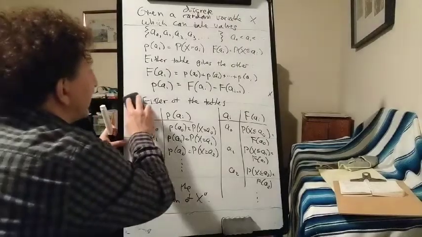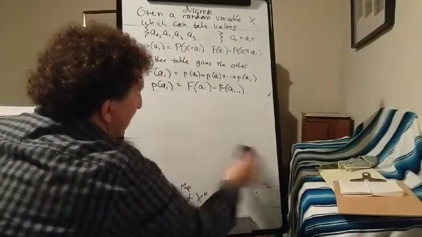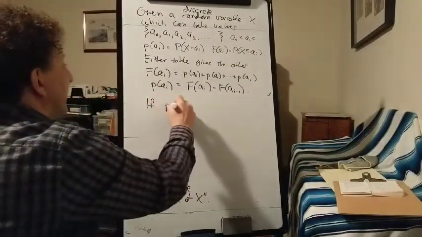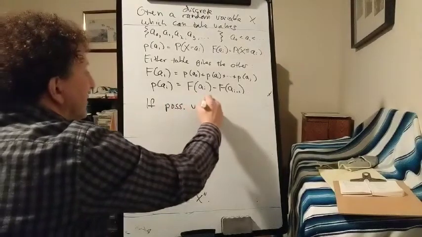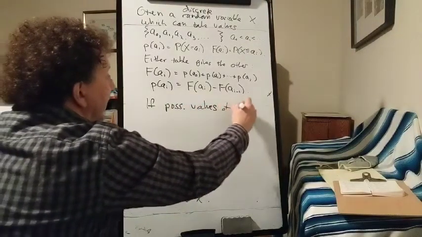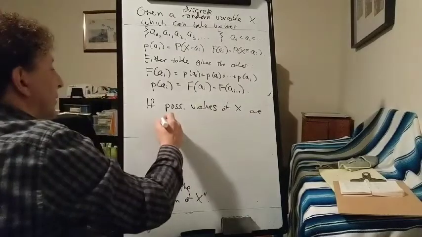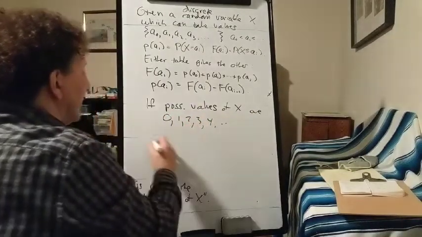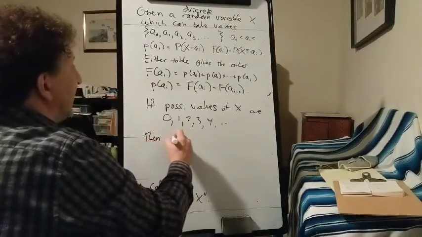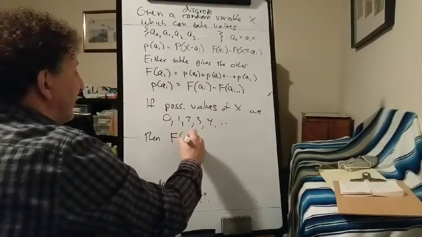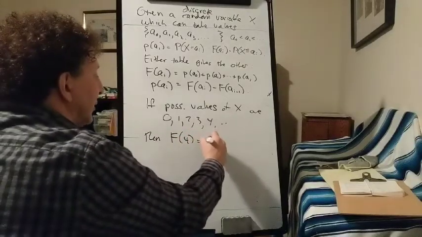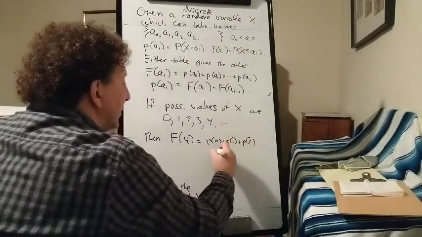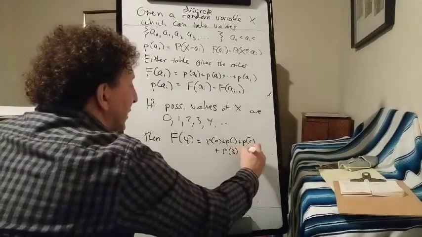So in other words, if the possible values of X are, let's say, non-negative integers, 0, 1, 2, 3, 4, etc., then capital F of 4 equals probability of 0 plus probability of 1 plus probability of 2 plus probability of 3 plus probability of 4.